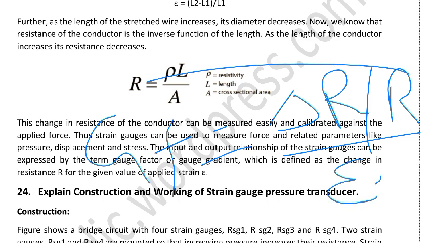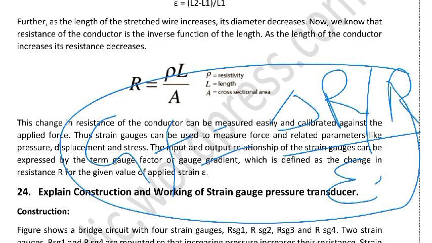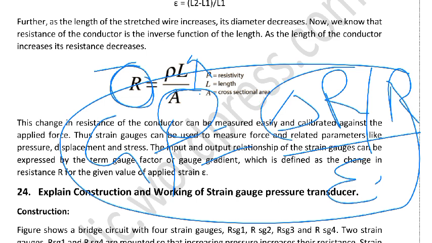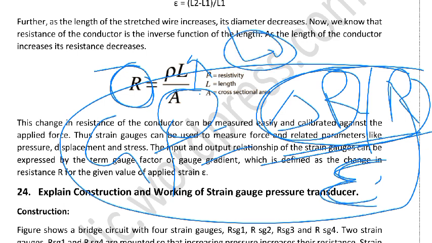This is generally the gauge factor, because all things are interrelated: because the length is changed, R is changed; the diameter is changed, so A is changed, and again R is changed, so delta R is changed. This is the ratio of the change in resistance to the resistance, to the strain, because the strain changes as the length changes during this process. So we can write the gauge factor using this formula.